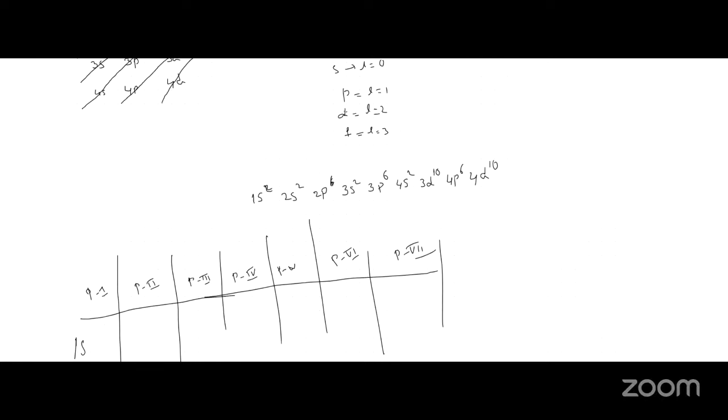Next period is categorized as 2s, 2p. Next period is 3s, 3p. Next period we are classifying as 4s, 3d, 4p. Next we are categorizing as 5s, 4d.